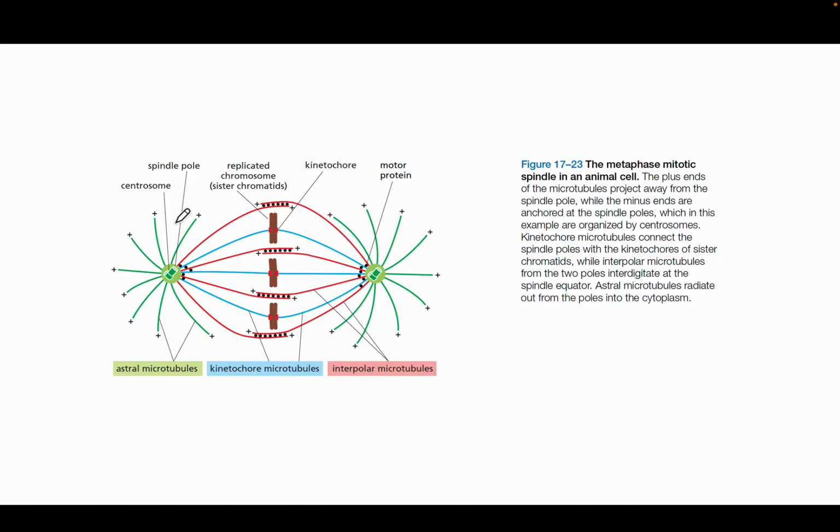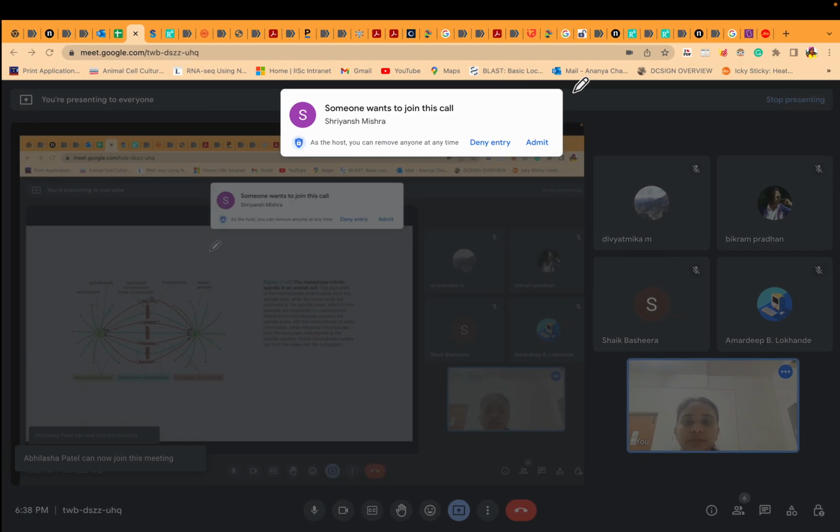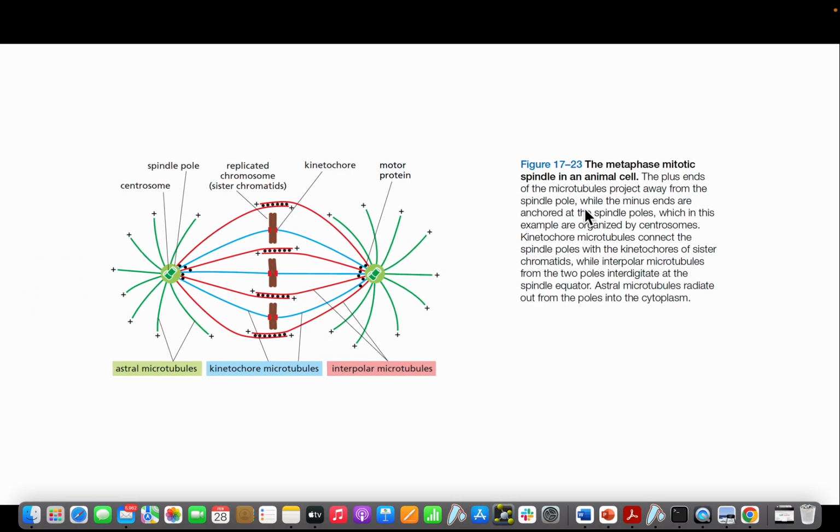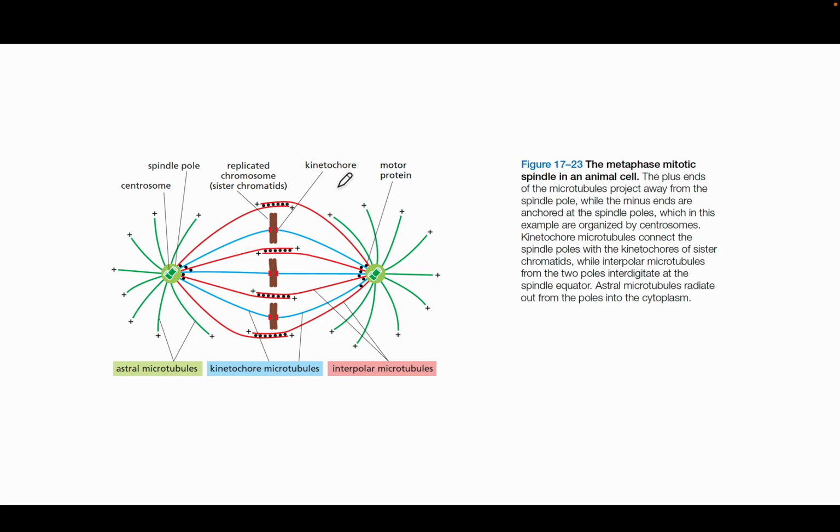So here is the diagrammatic representation of the metaphase mitotic spindle in an animal cell. These are two centrosomes at two poles. This is also called spindle poles. Here microtubules are radiating from negative to positive.